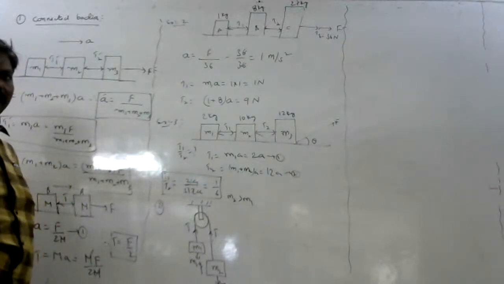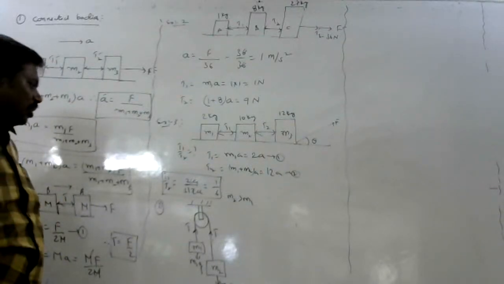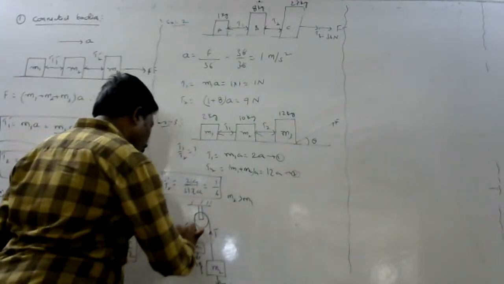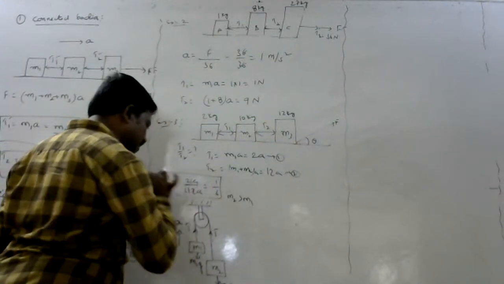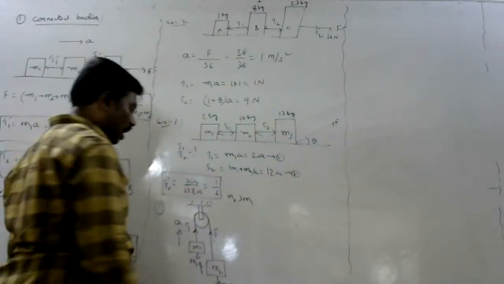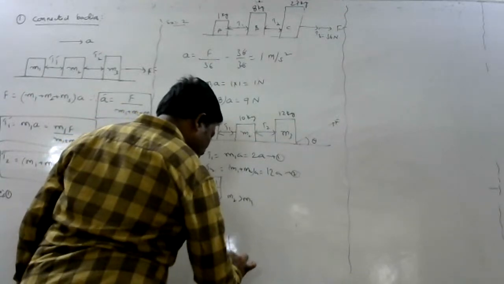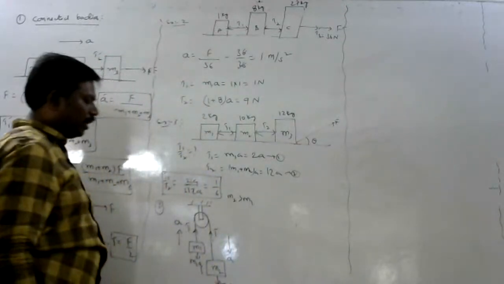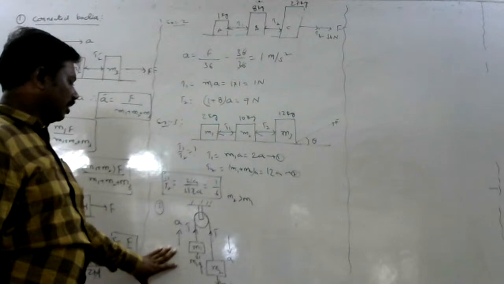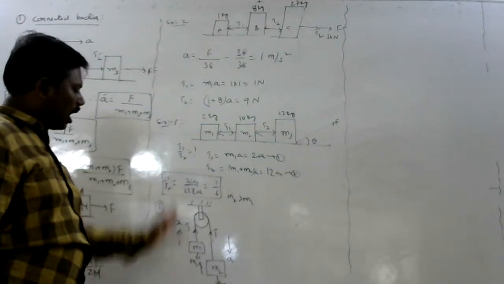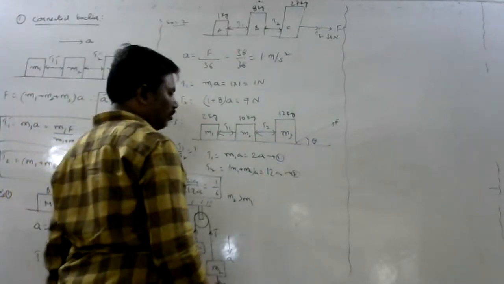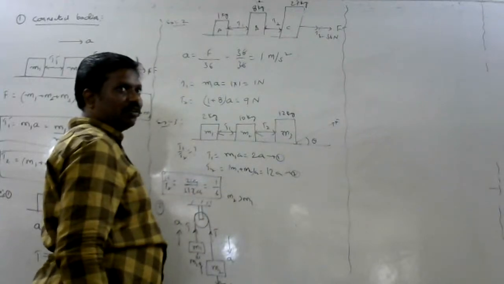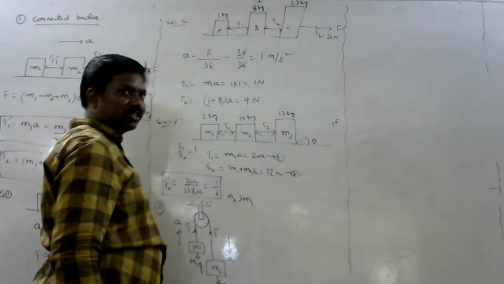So M1 moves upwards with acceleration A and M2 downwards with the same acceleration A. So from this diagram, M1 is moving upwards. Already we know apparent weight of a person in a lift and also tensions.